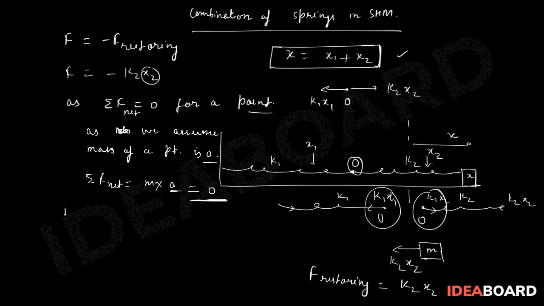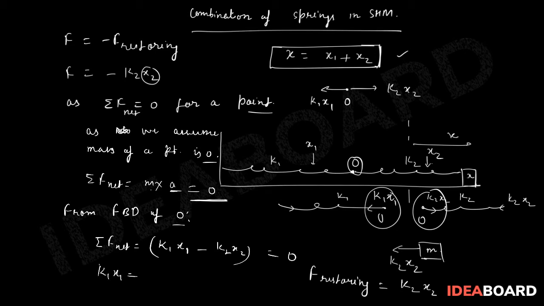Here from the FBD of O, we get summation of F net equal to, let's say, K1 x1 minus K2 x2. This will be the F net, and this has to be 0, correct? That means I want to say K1 x1 is equal to K2 x2. So now we got another equation, and we already had the equation x is equal to x1 plus x2.